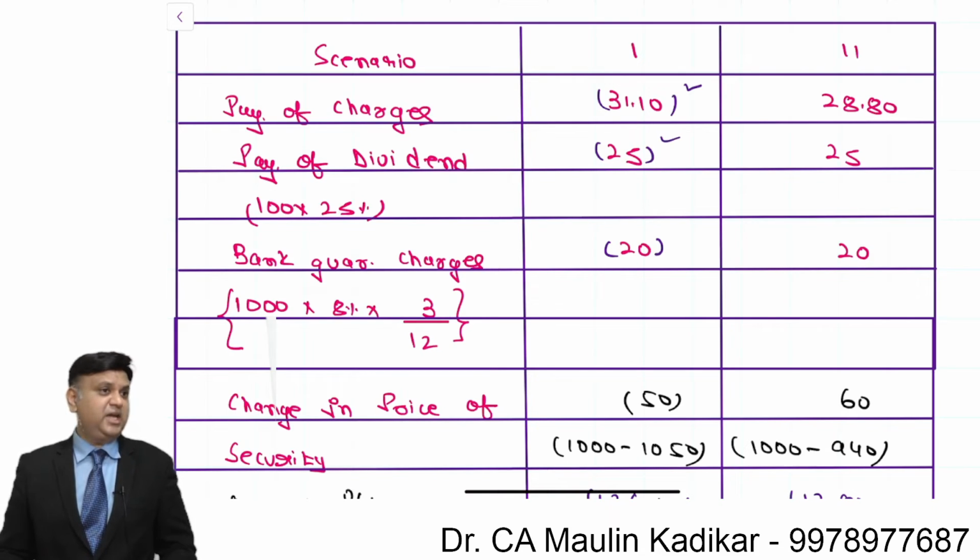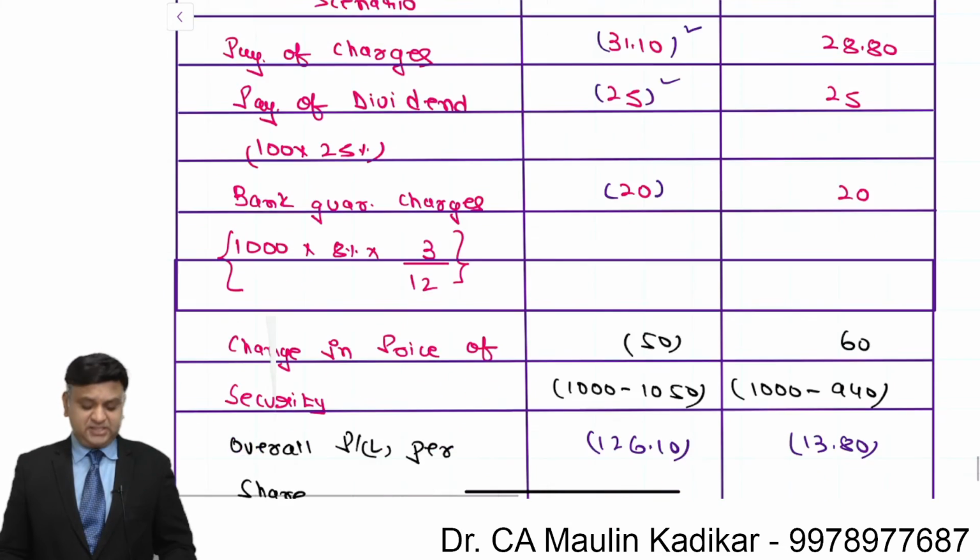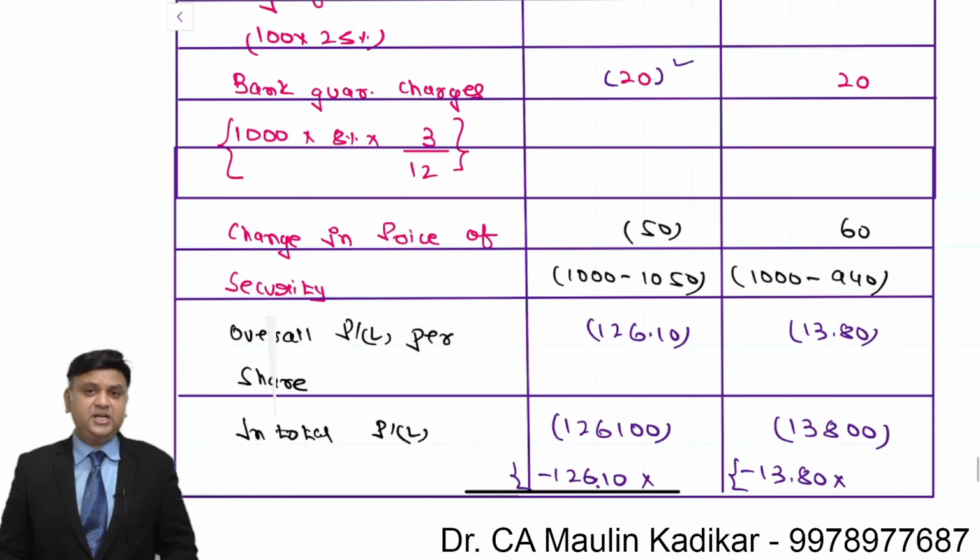Dividend that Mr. A could have received is required to be compensated, so that is again a cost. If the price has increased, then there is again a loss equal to the difference between the price at which the security was sold and the price at which you are now required to buy the security. That is over here 50 rupees, and one more thing, the bank guarantee charges are required to be paid.